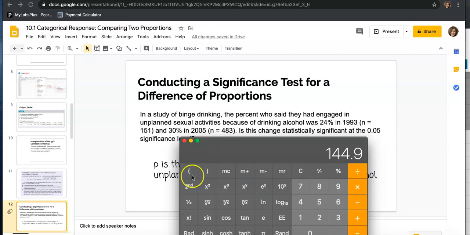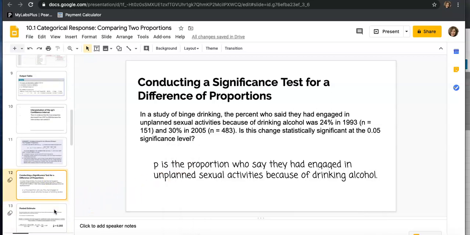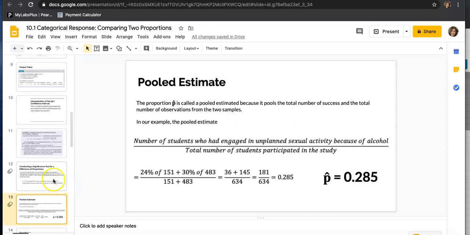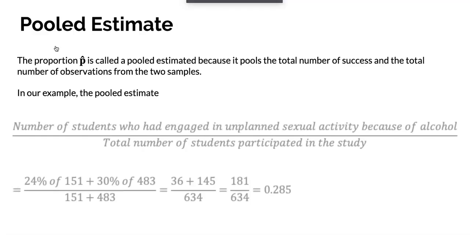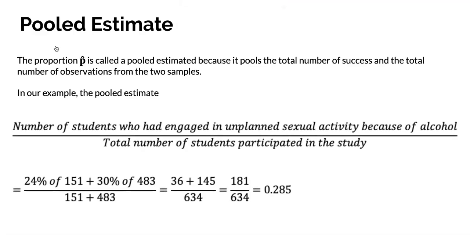Okay, so in order to find the pooled estimate, you need the total number of people from both samples, those who participated in 1993 and 2005, and then you need to figure out the number of students who had engaged in unplanned sexual activity because of alcohol, and that will be your numerator.